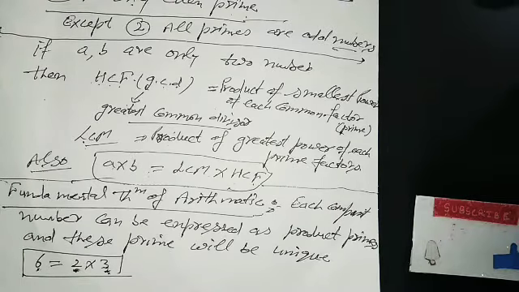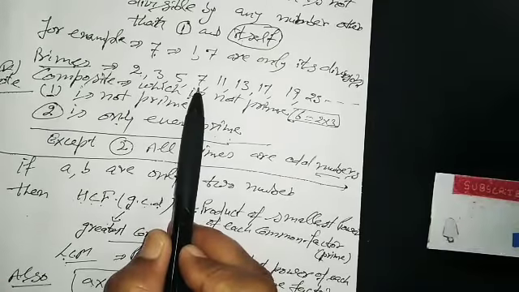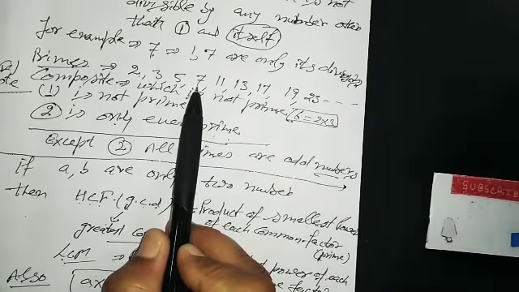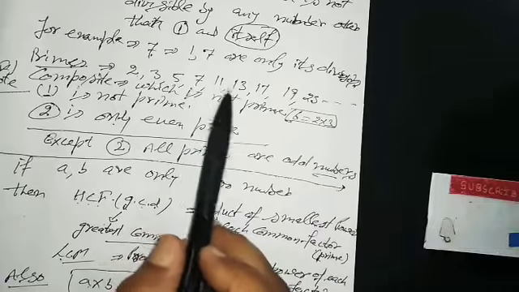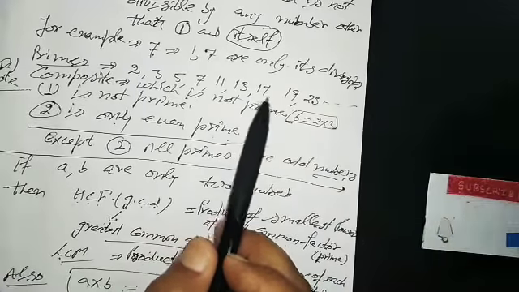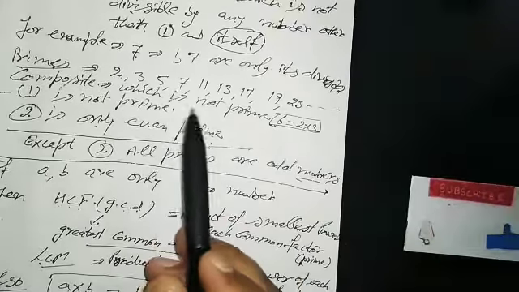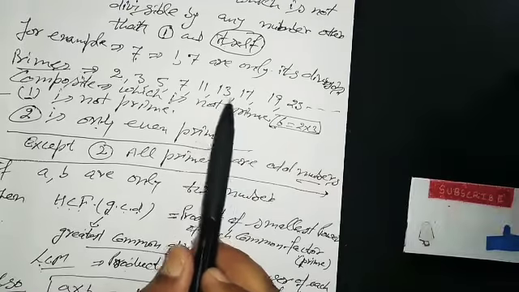So first point is that any composite can be factorized. Prime number cannot be factorized. As you know, if you take 7, it cannot be factorized as the product of primes. 13, 17, 19. So you can take any number.